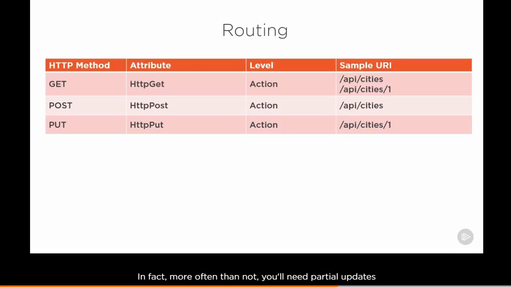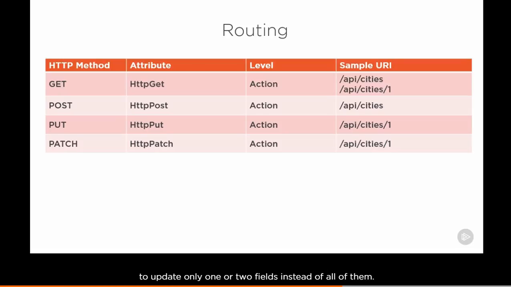In fact, more often than not, you'll need partial updates to update only one or two fields instead of all of them. That's what a patch action is for, signified by the HTTP patch attribute. A sample URI is the same as for put, API/cities/1 to partially update the city with ID 1.